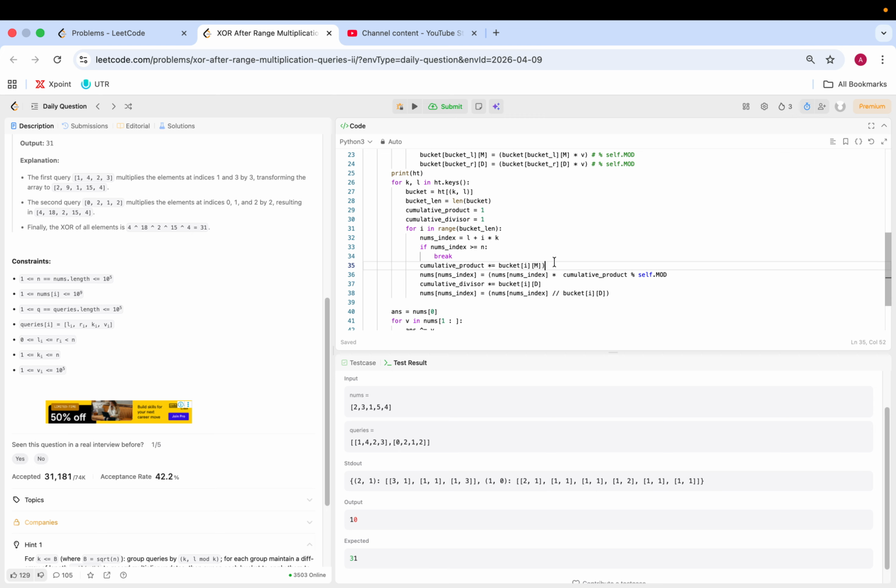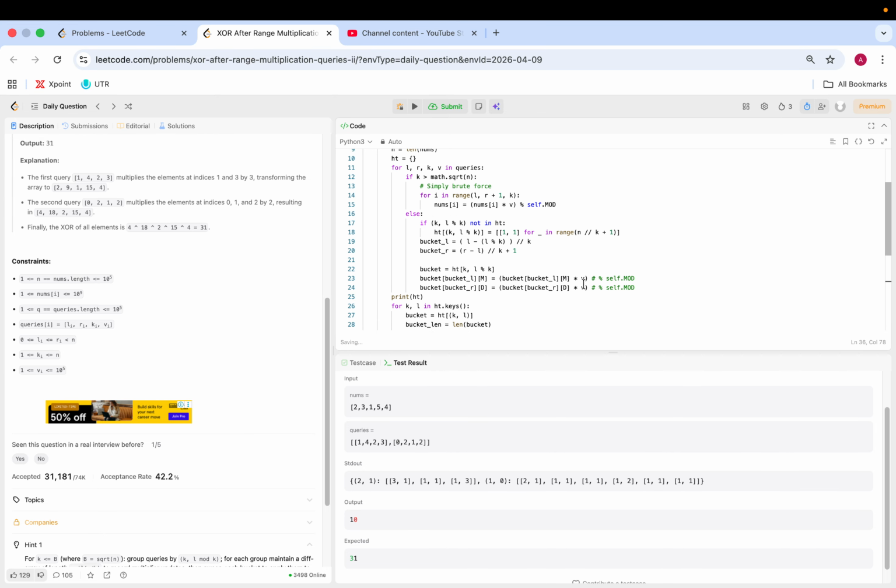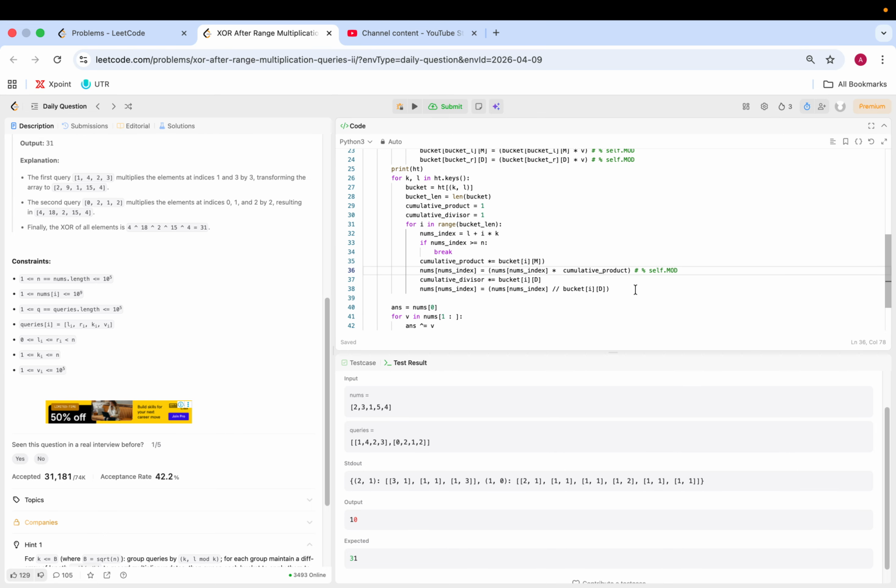Probably, right? Again, let me get rid of the mod. And then I'll just say for i in range n, nums at i mod equals self.mod, just so I don't have to worry about it for now.